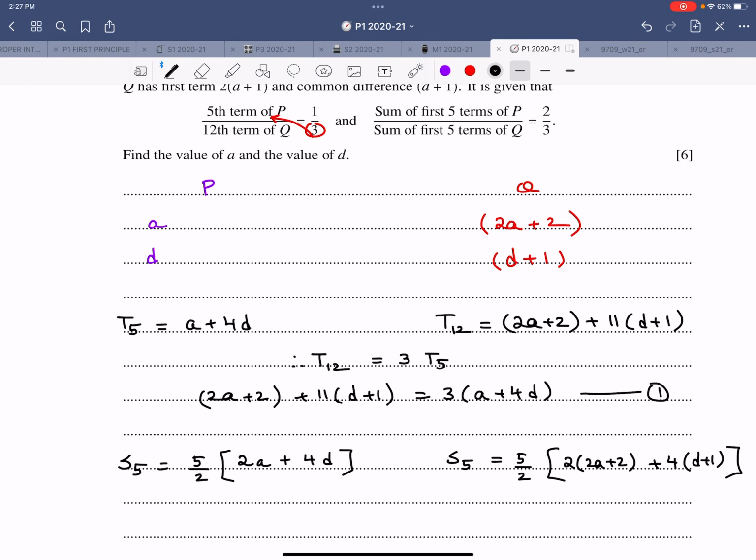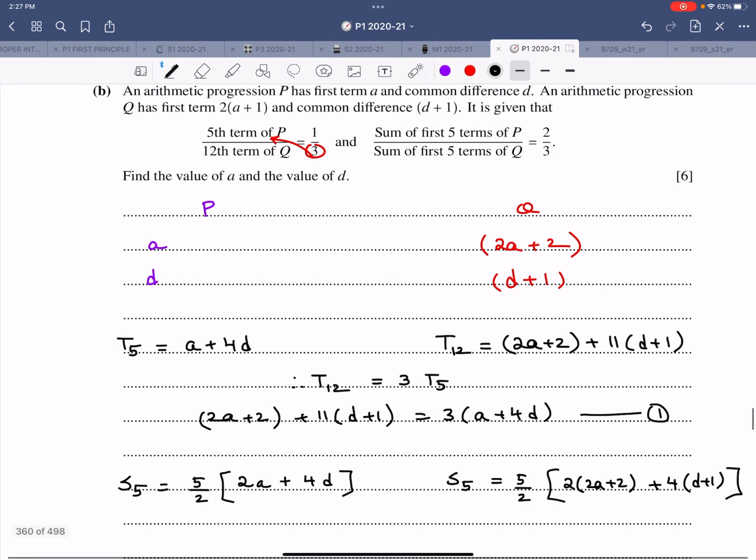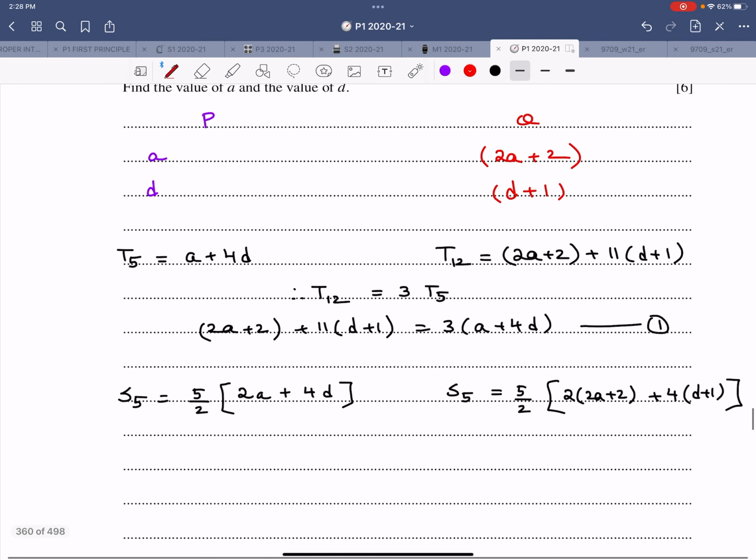And they are saying their ratio is 2:3. So cross multiply 3 with P and 2 with Q. So 3 times the sum of 5 terms of P is 2 times the sum of 5 terms of Q.